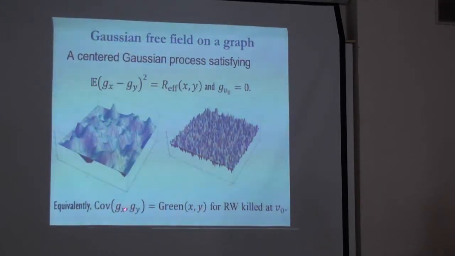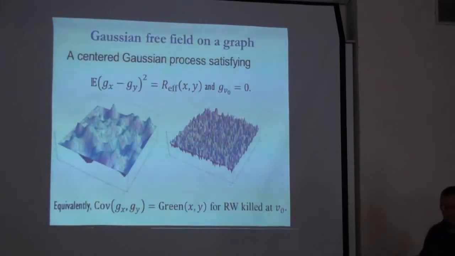Here is another formula which turns out to be equivalent, though it takes a couple of lines to verify the equivalence. A Gaussian vector, a Gaussian process, is completely specified if you know the covariance structure. And the covariance structure for this process is as follows. If you have two nodes x and y, the covariance of the Gaussian free field at these two points is the Green kernel at x and y for the random walk killed at V0.